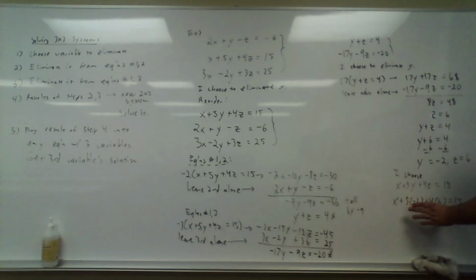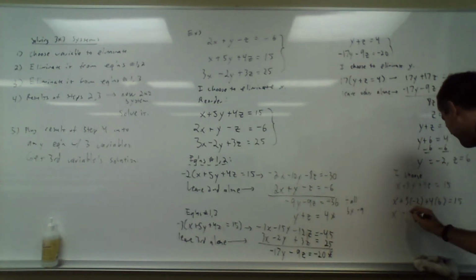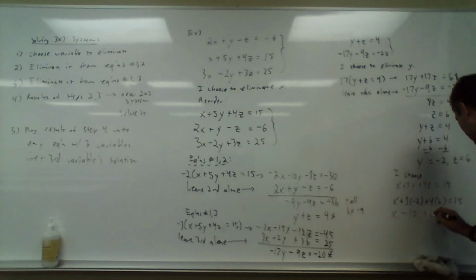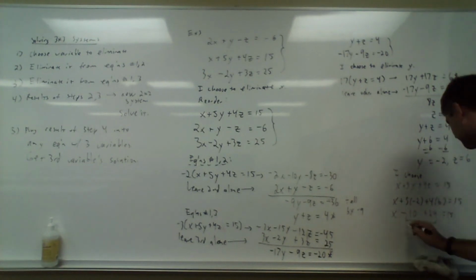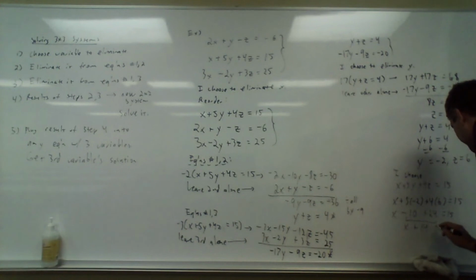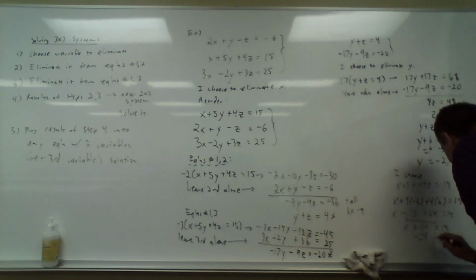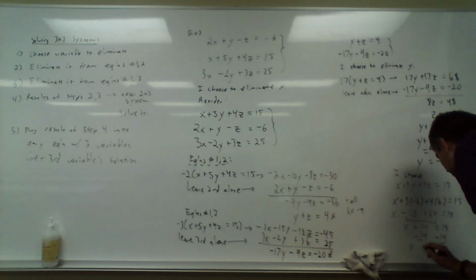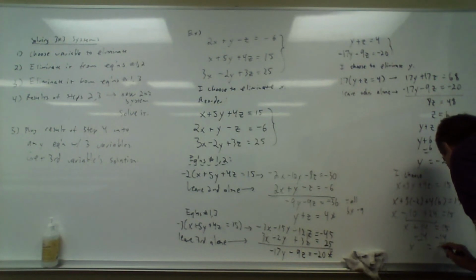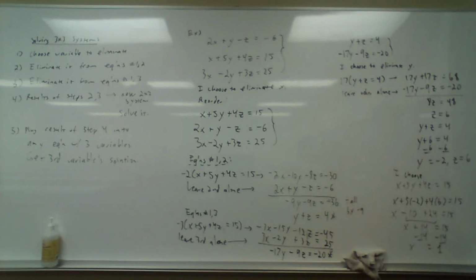Do your multiplications. So now it's going to be x minus 10 plus 24. Combined, this is x plus 14 equals 15. Subtract your 14. And x equals 1.